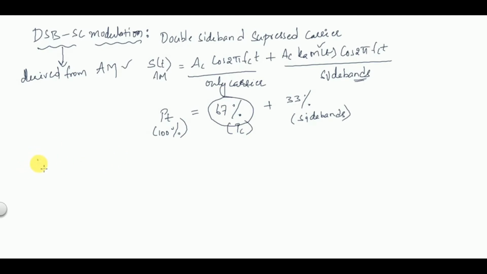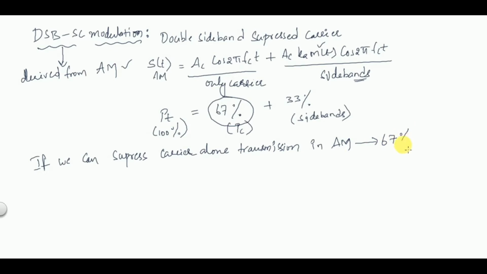So if we can suppress the carrier alone transmission in AM, what will happen? 67% of the total power being transmitted can be saved.